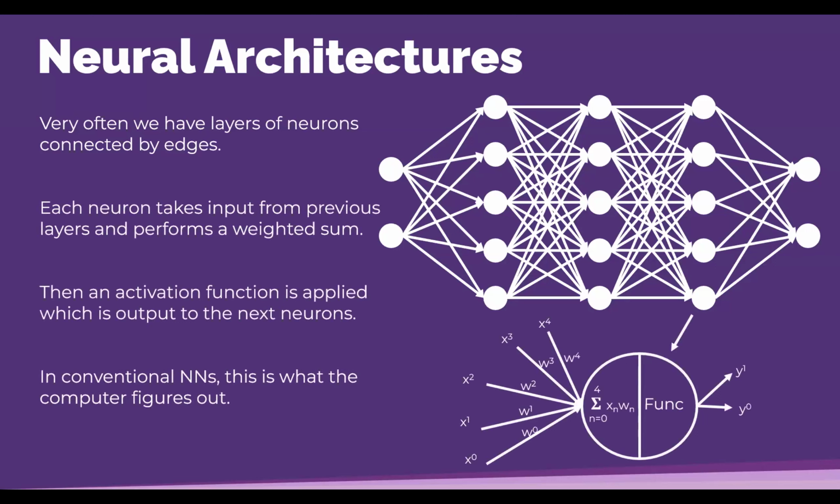And in conventional neural networks, this is mostly what the computer figures out. It tries to figure out what weights make the optimal sum, which applies the activation function, and then which makes an optimal output. And so we use backward propagation to cascade backwards in order to find an optimal network or train the network.